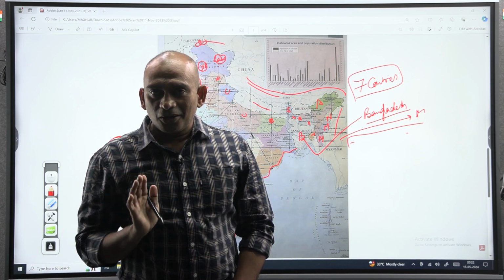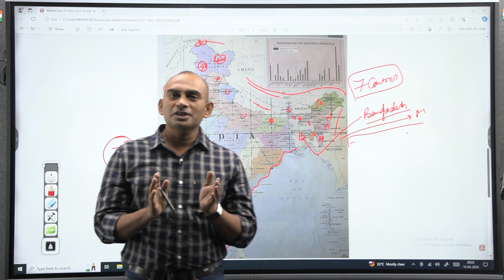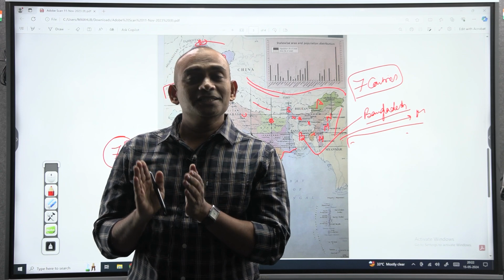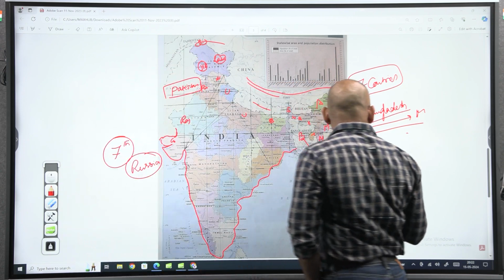Now if you look at each and every country, how much international border are we sharing with each country? Now look at Bangladesh.